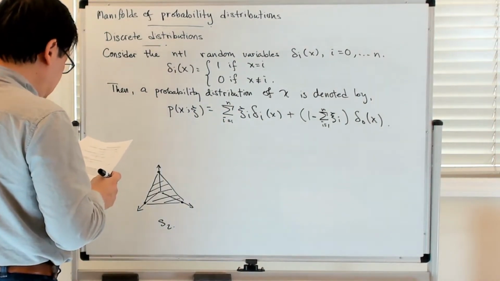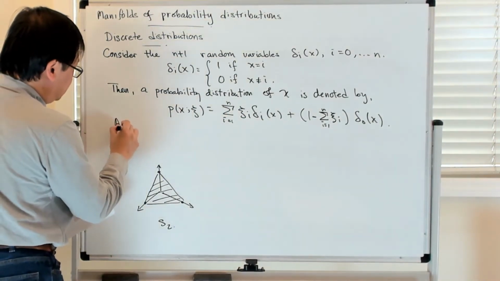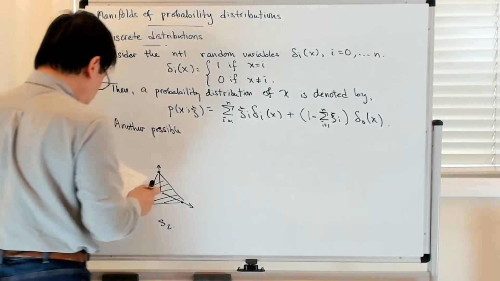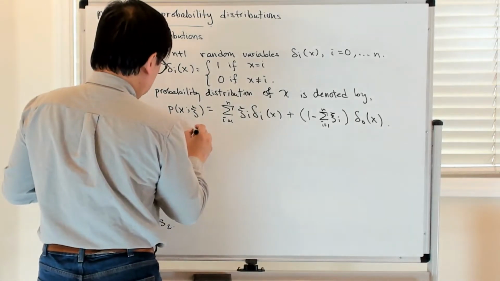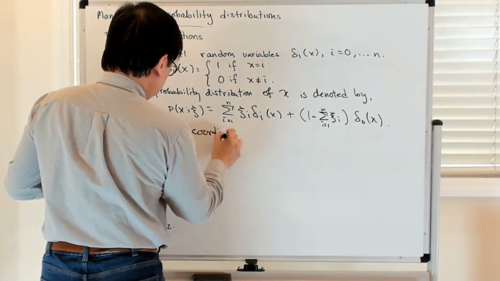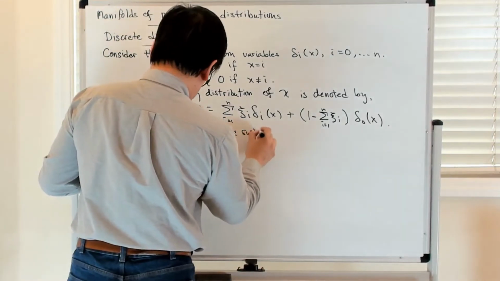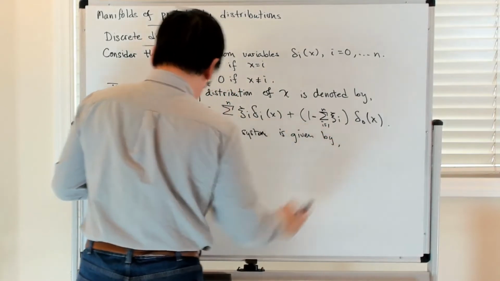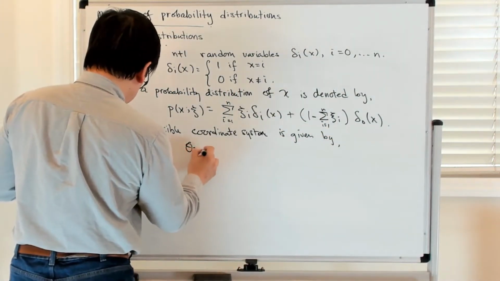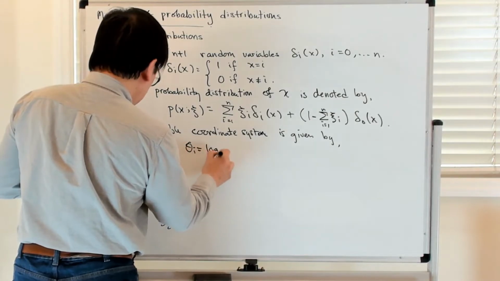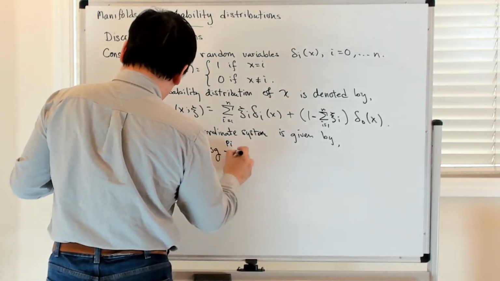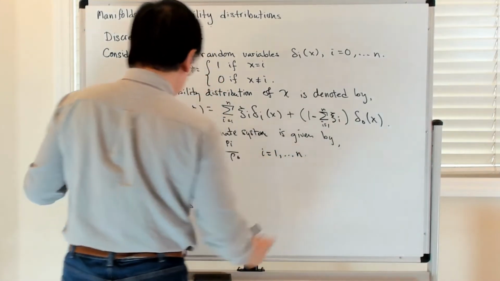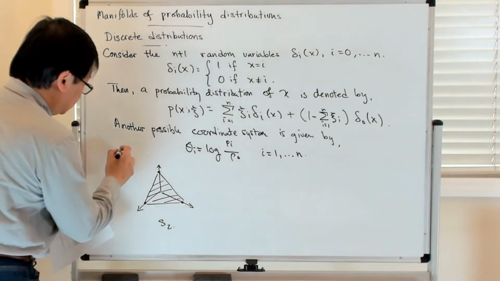Okay, so another possible coordinate chart is given by the following. theta_i equals log p_i divided by p_0, i goes from 1 to n, is also useful.